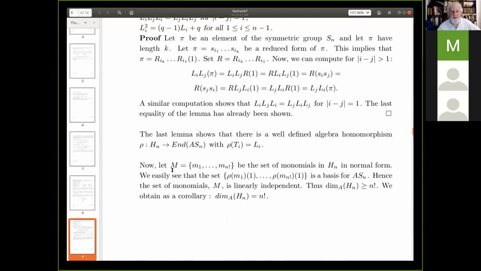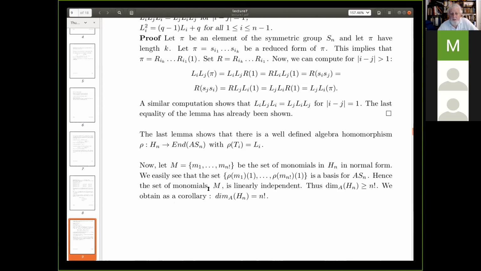Right, now we take M to be the set of monomials in normal form. And we've arbitrarily ordered them up to n factorial. So this is a basis for Hn because we've got a homomorphism.